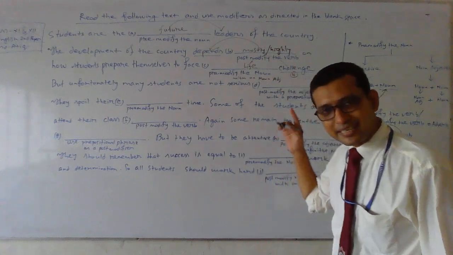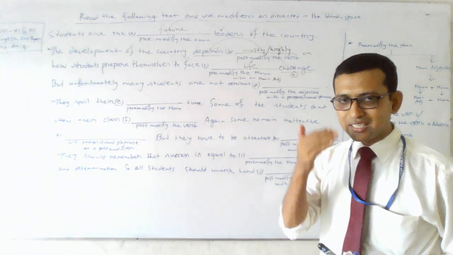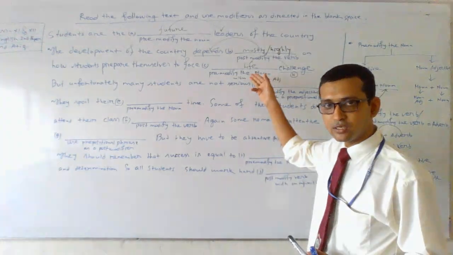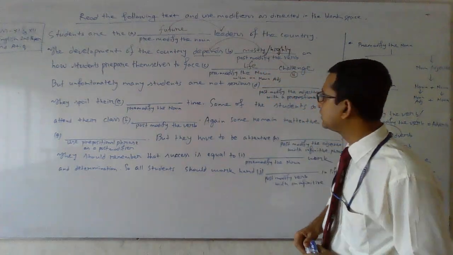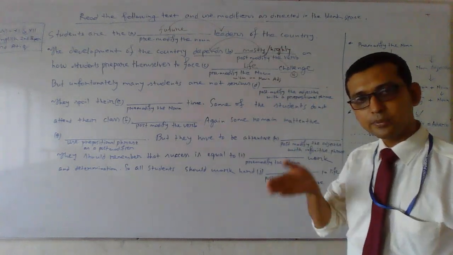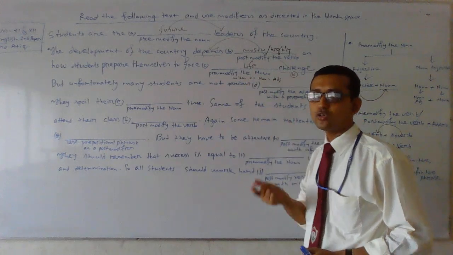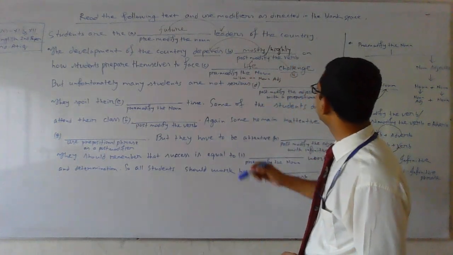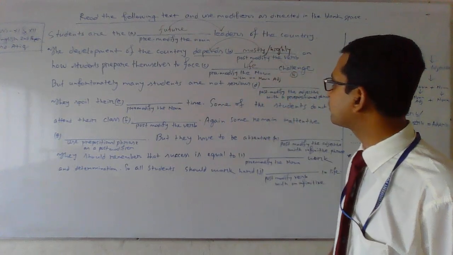If it is indicated in the question, then it is very easy for you to think quickly that a noun adjective can come here and modify the other noun. If there is no indication of a noun adjective, you will have to depend on your own skill, whether you will use an adjective or a noun adjective. Life challenge. How students prepare themselves to face life challenge?